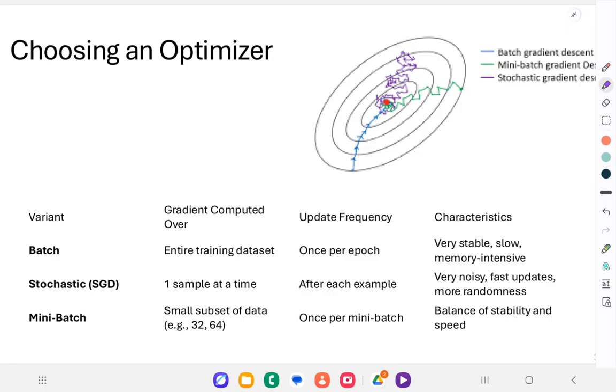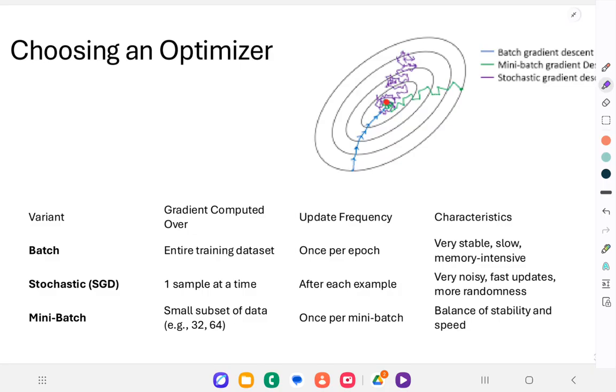And how do we decide where to go? That's where optimizers come in. All of them follow the same version of the update rule, but the difference lies in how they compute that step.